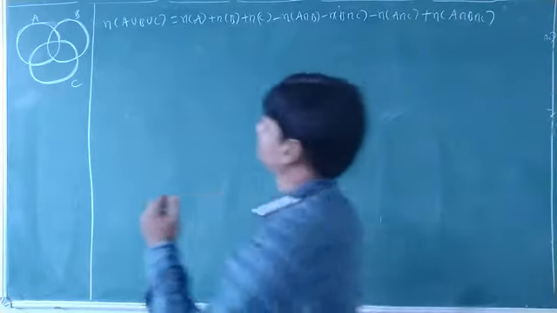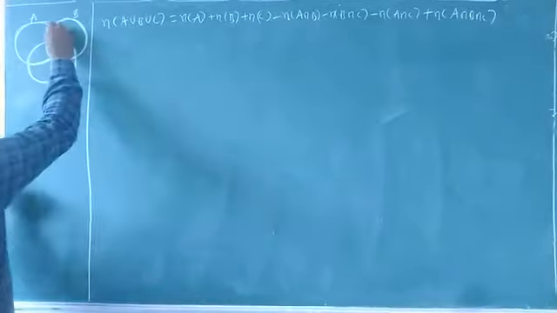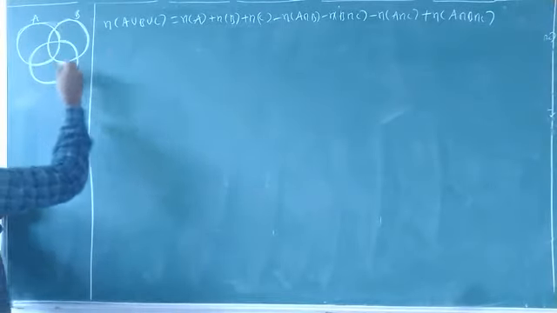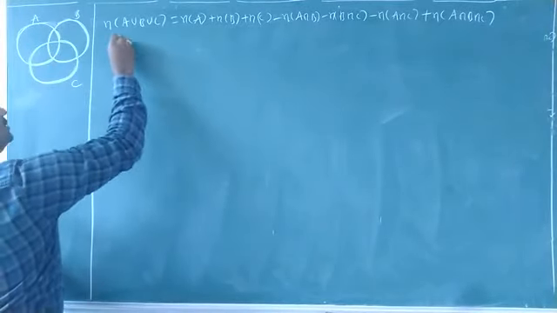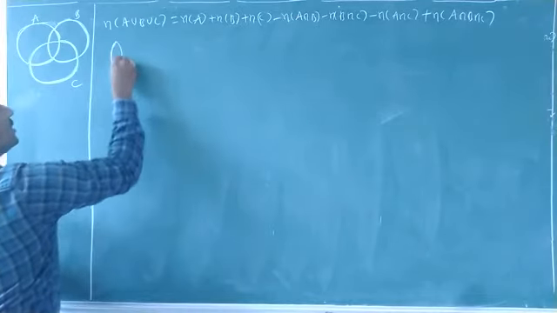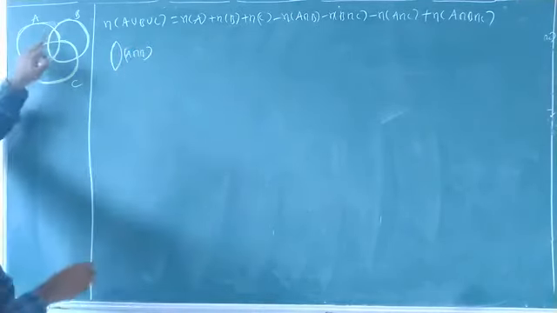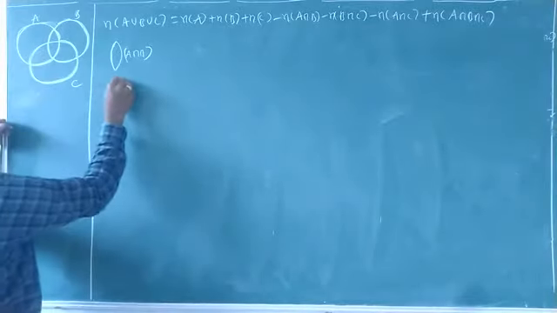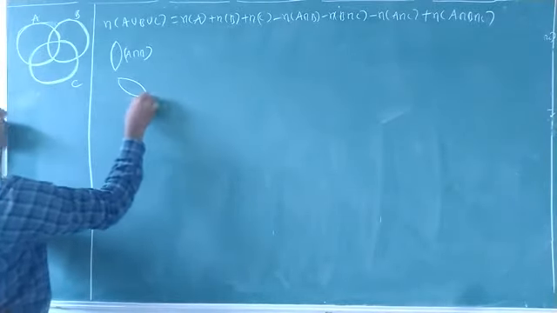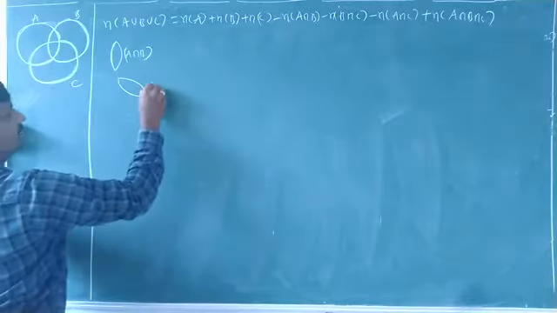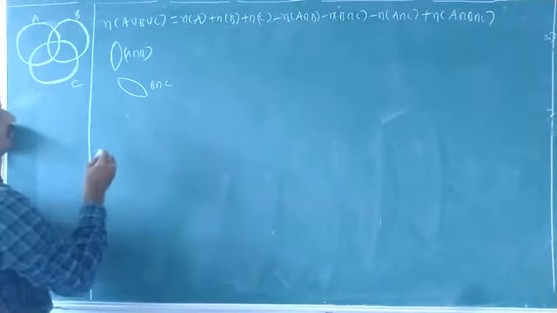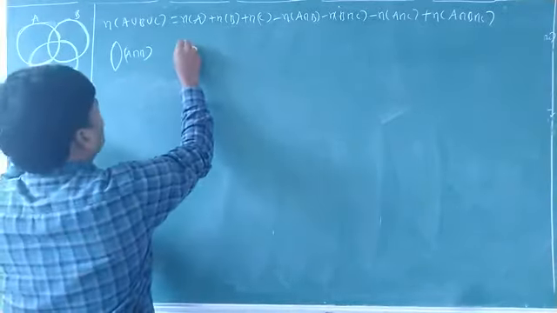Okay, next. Let's see. What about this part? Just like that I will write this part. What is this part? A intersection B. What about this part? B intersection C. Next, what about this part?